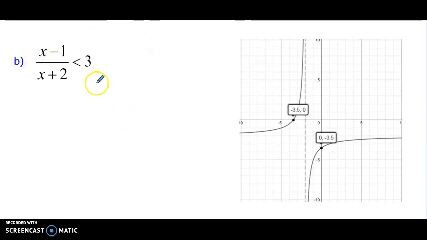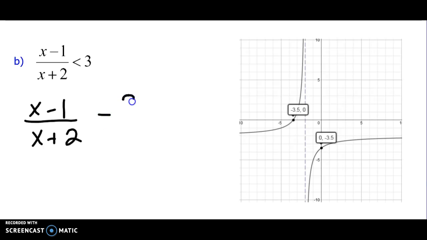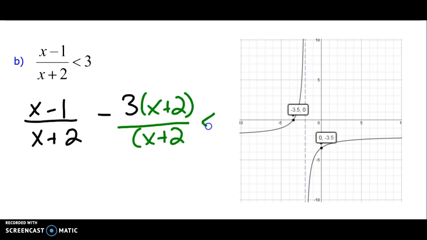Okay, next inequality, we have (x minus 1) over (x plus 2) is less than 3. So step 1 is to move the 3 to the other side. And then we need to create a common denominator. So the denominator in the first fraction is x plus 2. So we need to multiply the top and the bottom of the term 3 by x plus 2.